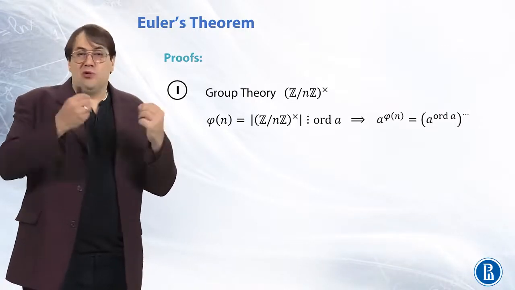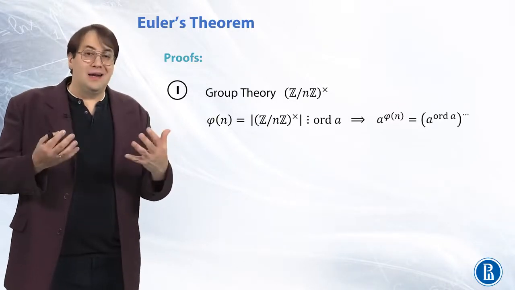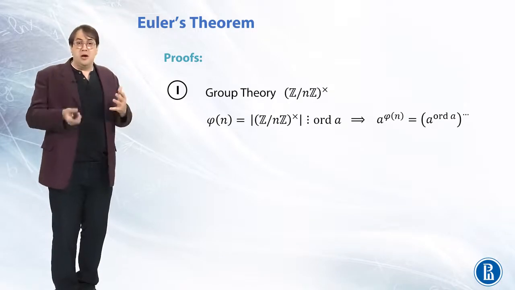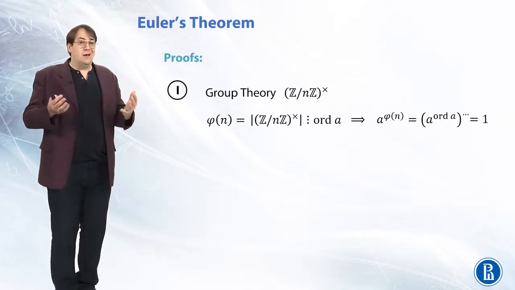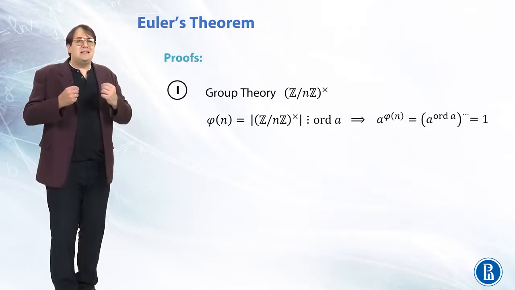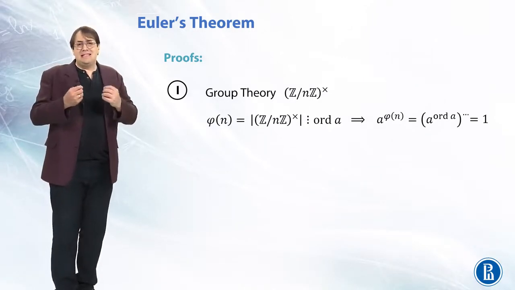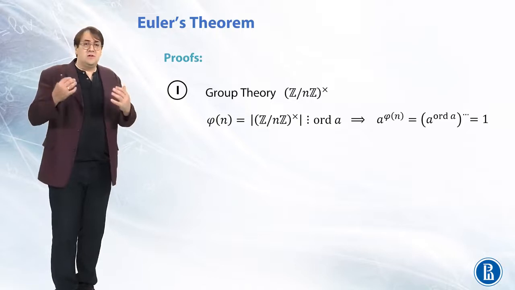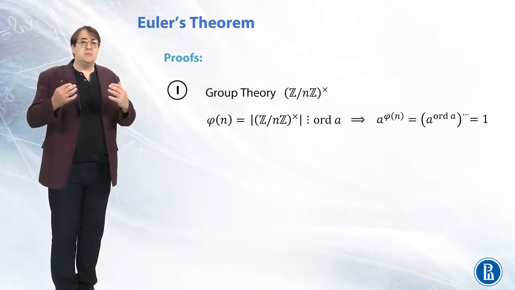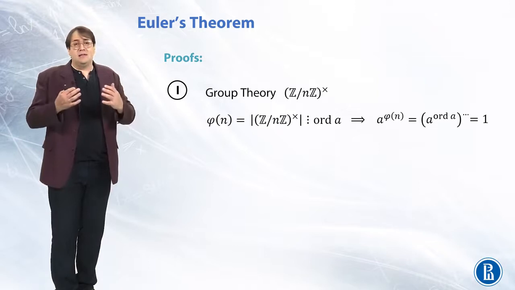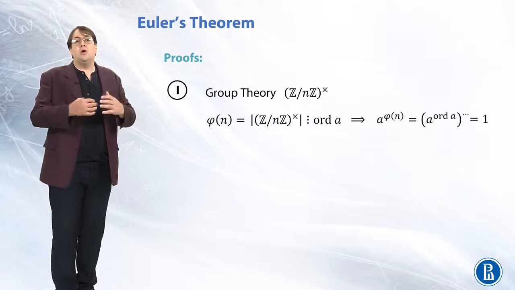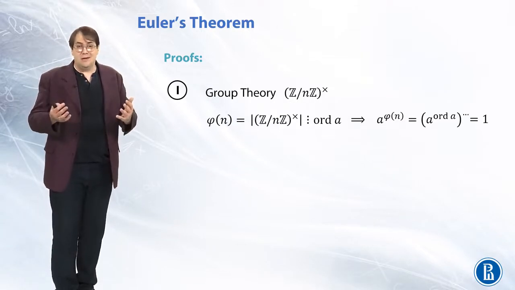But since a to the power order of a is already 1, then this is actually 1 raised to some integer power and of course is equal to 1. Well, what does this equality mean? It means equality in the sense of this group of reversible remainders modulo n. And if we were talking about integers, then this would mean being congruent to 1 modulo n.